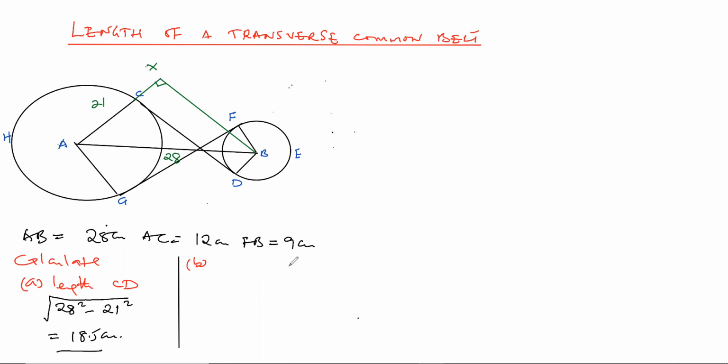Then I can proceed now. After I got that, I have finished with the length CD and also with the length GF. So we have two lengths remaining. The lengths that are remaining are this arc length, CHG, and the other arc length, FED.